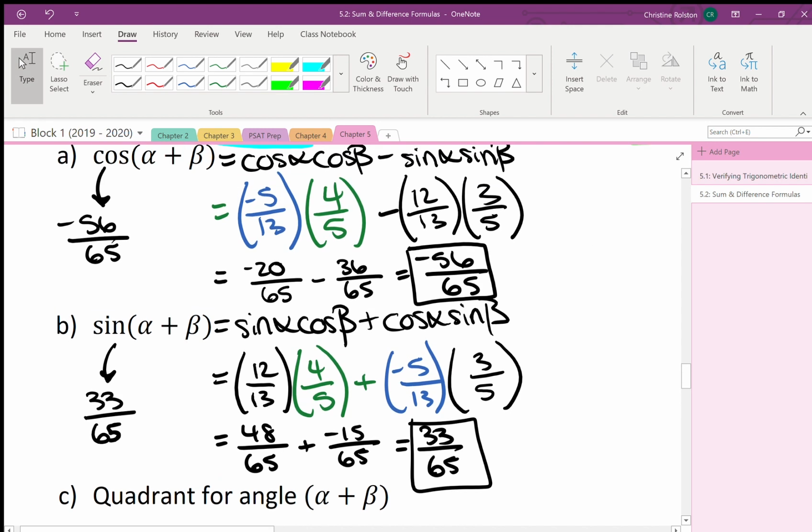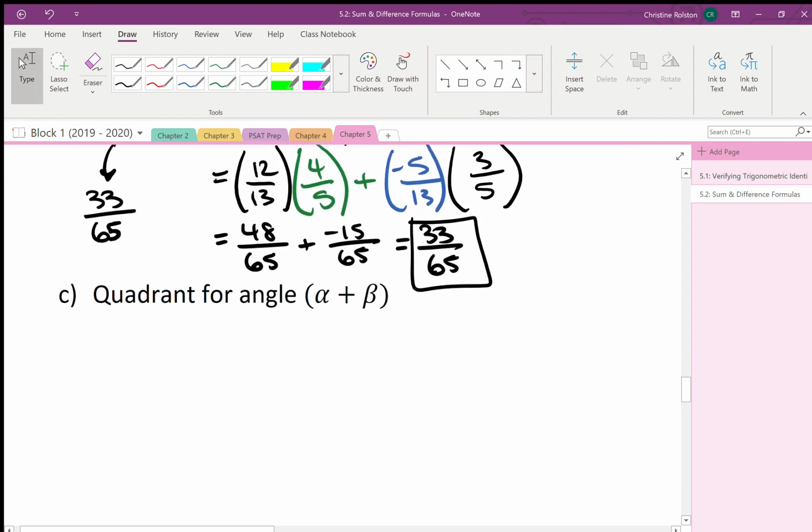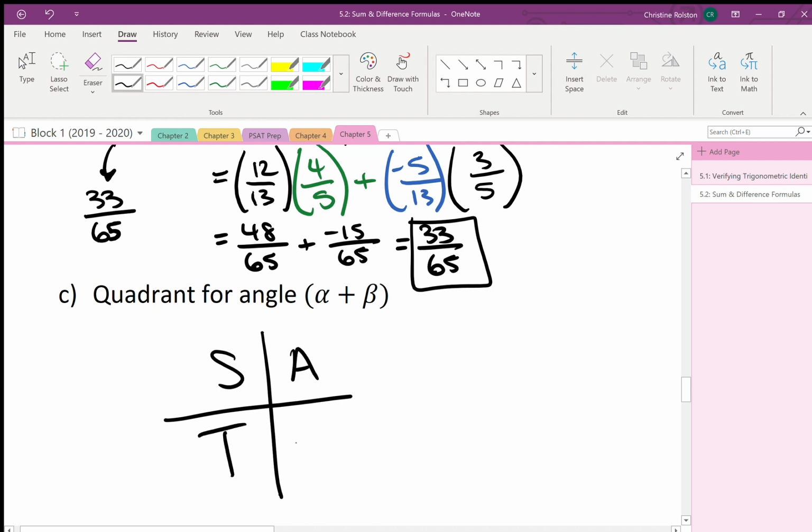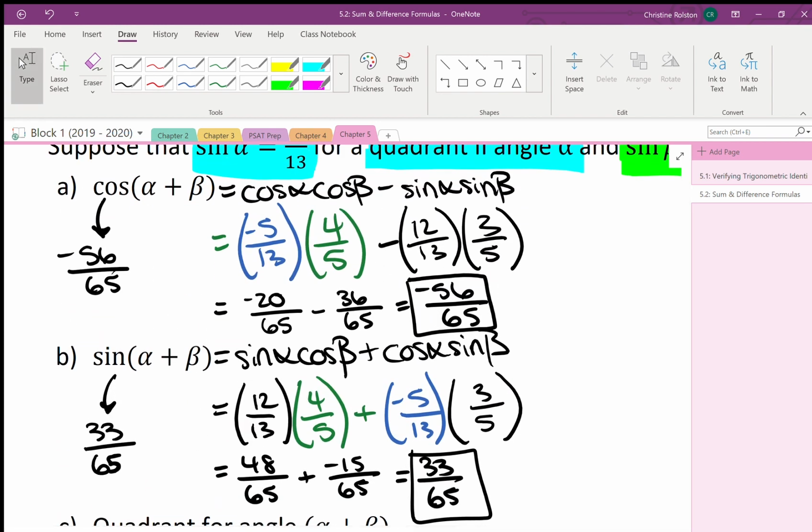Now for C, when I ask what is the quadrant for angle alpha plus beta? Well, remember last time, whenever I asked for a quadrant, we always drew out the All Students Take Classes, right? You're still playing process of elimination, but you're going to use your answers from A and B in order to answer this. So let's look at B. So our cosine of that angle was negative 56 over 65.